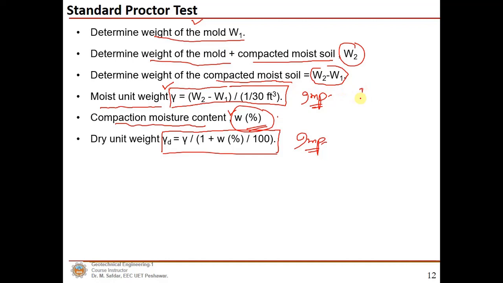So this will be the column number 3, which can be obtained using this equation, W2 minus W1, divided by 1/30th of a cubic foot. That is the volume of the mold.